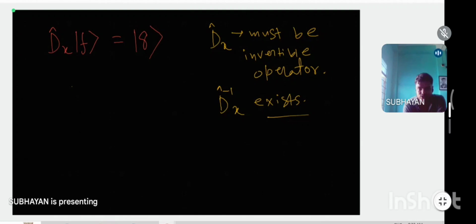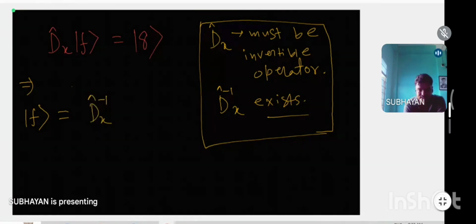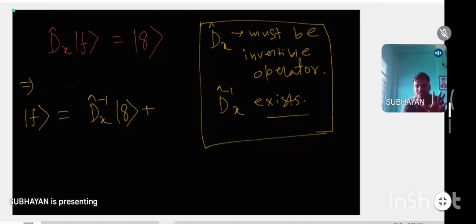So what should be the solution of this equation? f is equal to, you can directly write, d inverse z plus some integration constant, because this dx is a differential operator.